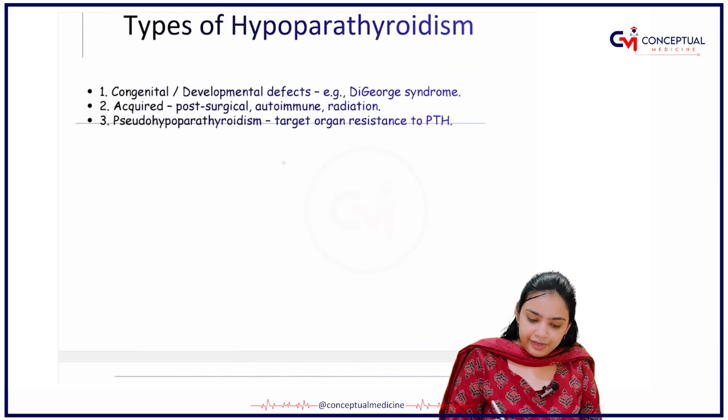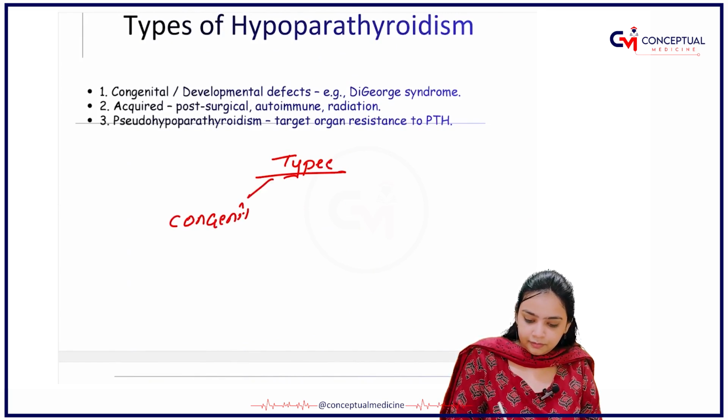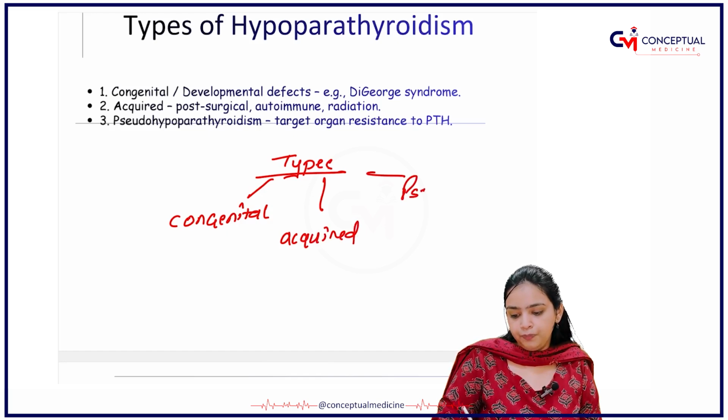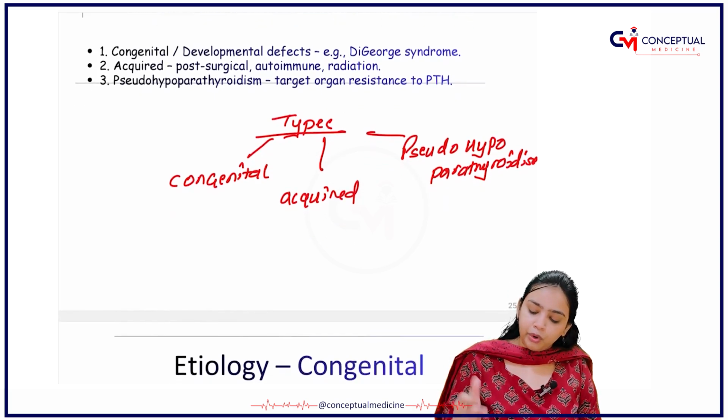So what are the types we have? The types are congenital, acquired, and pseudohypoparathyroidism.